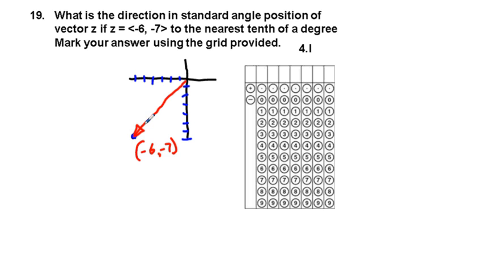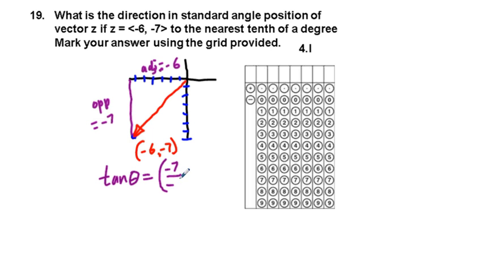What that's going to give us is a vertical component here, opposite side. So our opposite equals -7, and our adjacent side here is equal to -6. And so we're going to get our tangent theta is going to be equal to the ratio of our opposite, which is -7, to our adjacent, which is -6.